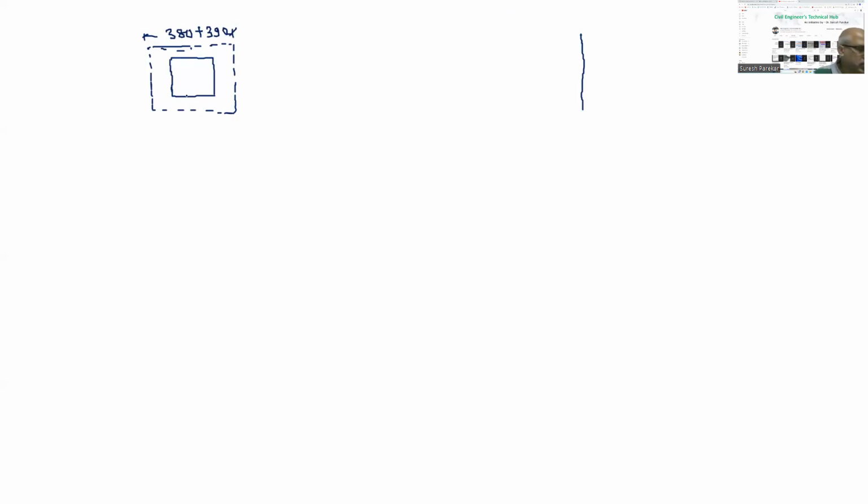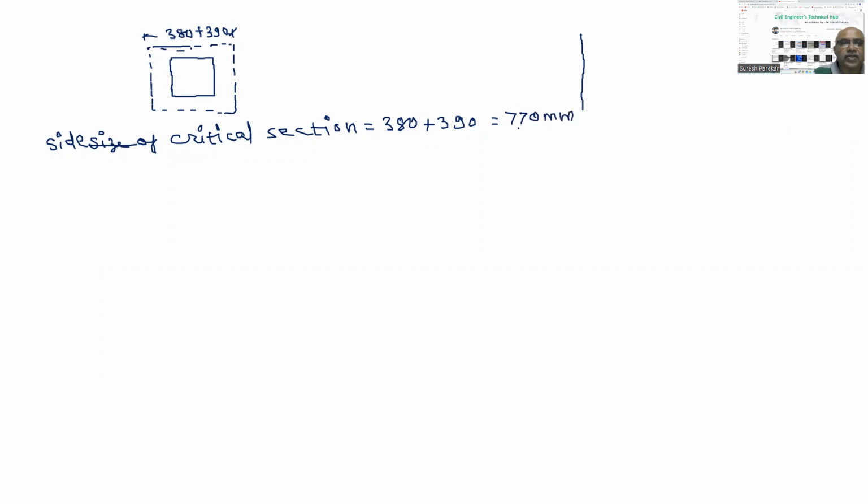All sides we have same because square column is there. And therefore we will get side of critical section, and that is equal to 380 plus 390, and this comes 770 millimeter.